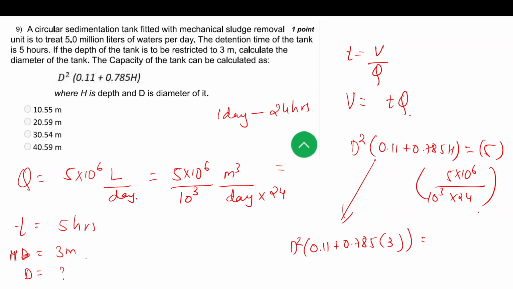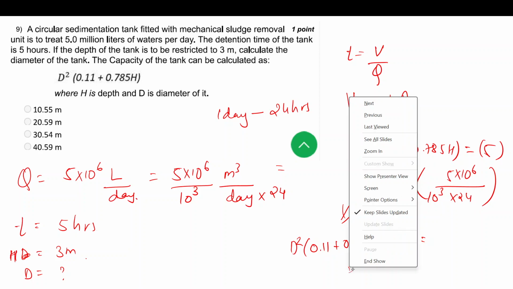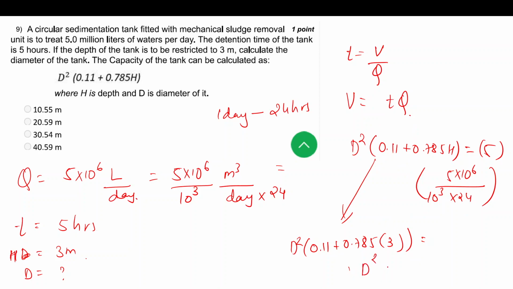Take this in the denominator to get the value of d square, and for d you need to take the square root of whatever you get. So the answer should come as 20.59 meter.